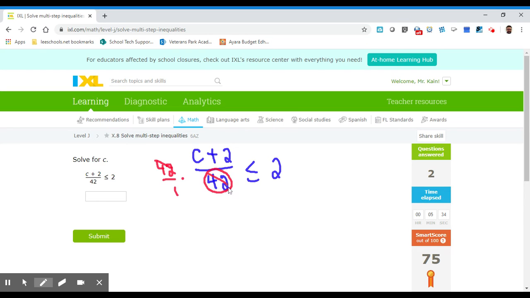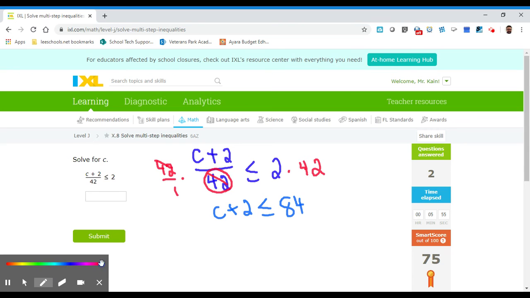So we're going to get rid of the division first by multiplying by 42. That's what will crunch the fraction down. So we get rid of 42 by multiplying by 42. And then on this side, you have to multiply by 42 as well. Okay? So we're left with c plus 2 is less than or equal to 2 times 42, which is 84. Almost there. We still need to get rid of this.